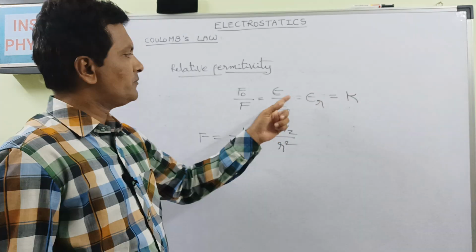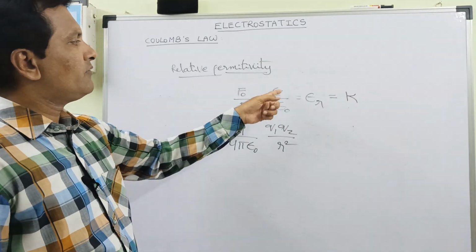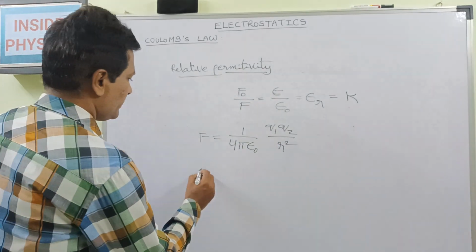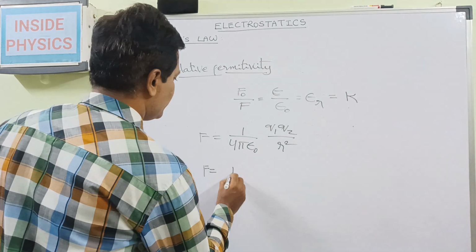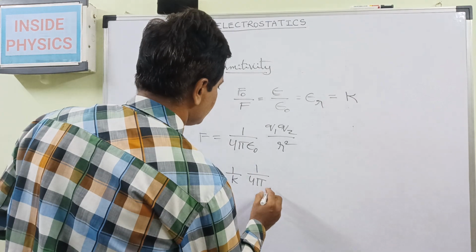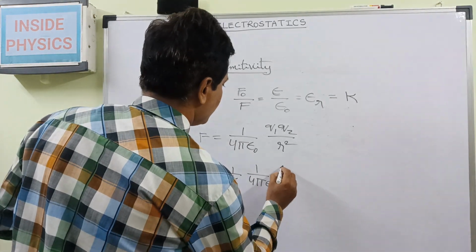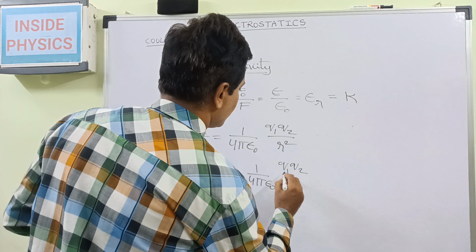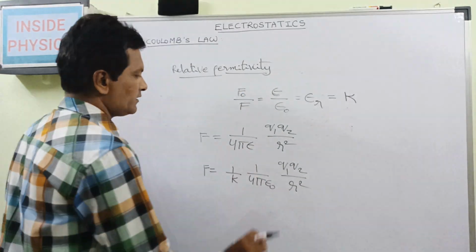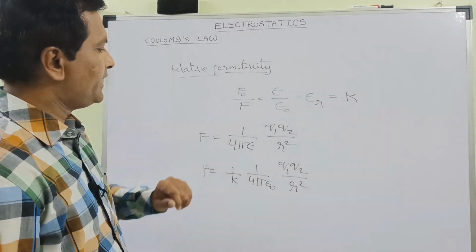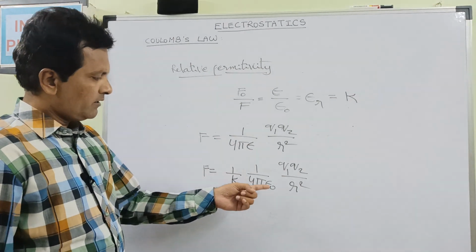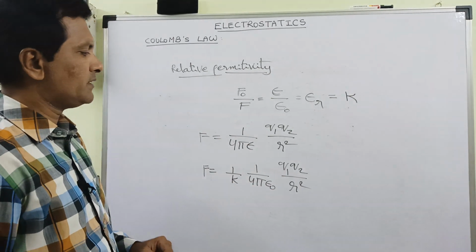Dielectric constant of a medium is represented by permittivity of a medium to permittivity of free space. So in this way Coulomb's law can be written as 1 by K into 4 pi epsilon naught q1 q2 by r square. We can write it here as epsilon only, 1 by 4 pi epsilon in a medium. So here K is the dielectric constant of a medium, epsilon naught is permittivity of free space.